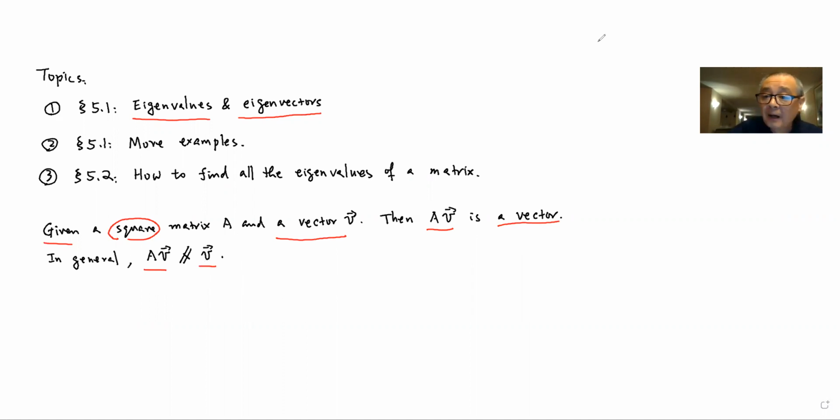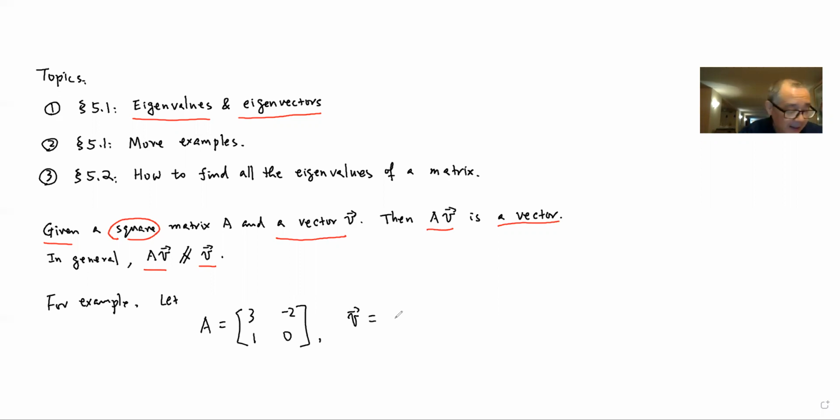Say, for example, let matrix A be [3, -2; 1, 0], a 2 by 2 matrix, and vector V be (-1, 1).